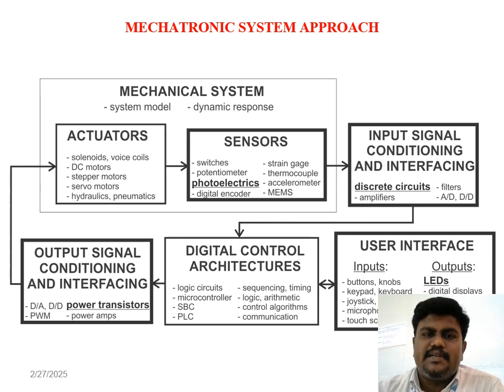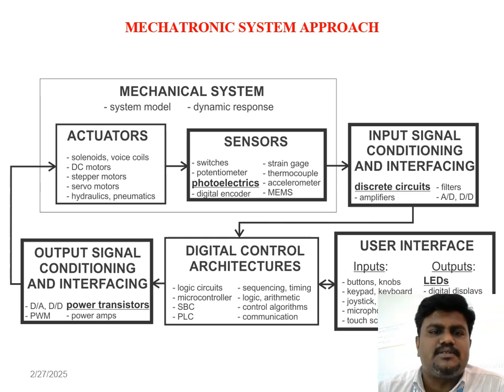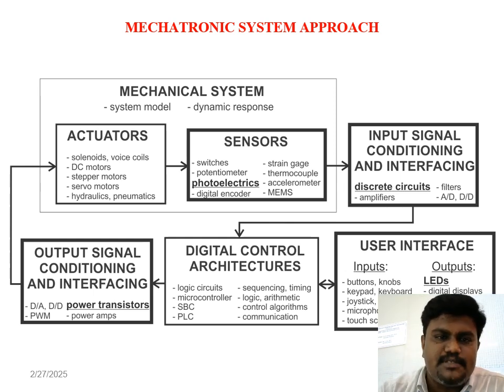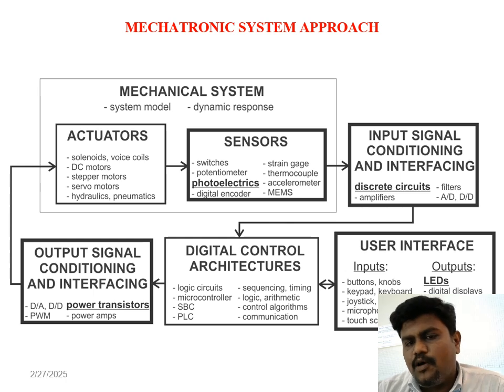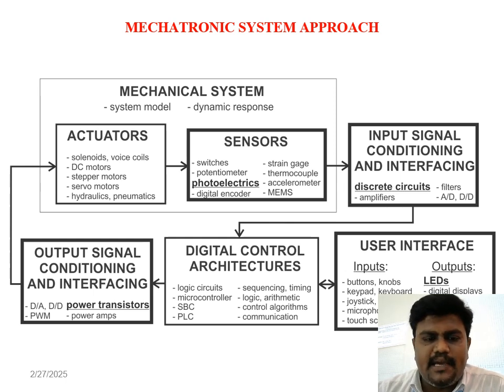So what is the mechatronic system approach of this sensors and transducers course all about? If you take any mechatronic system, it consists basically of three units. Number one is the mechanical system, then you have your processor, and finally you'll have some output unit. Talking about mechanical systems, you can see actuators and sensors, where the actual work of that particular mechanical element can be sensed through a sensor that gives some feedback to the input control, or you can say the processing unit.